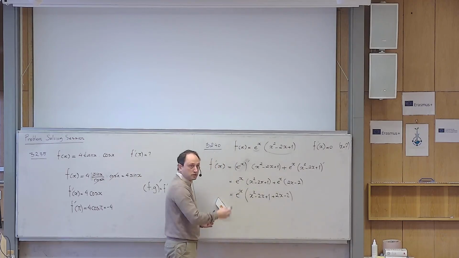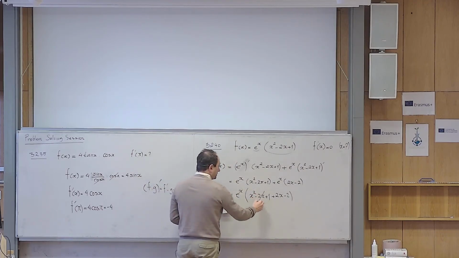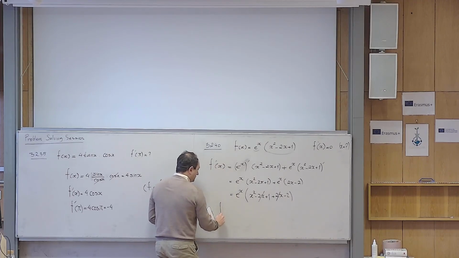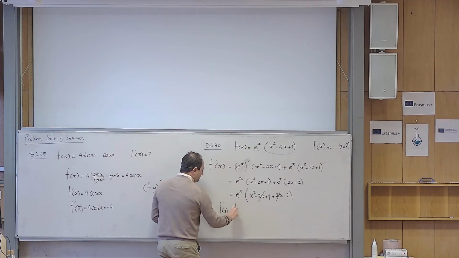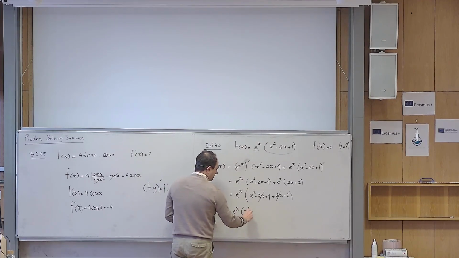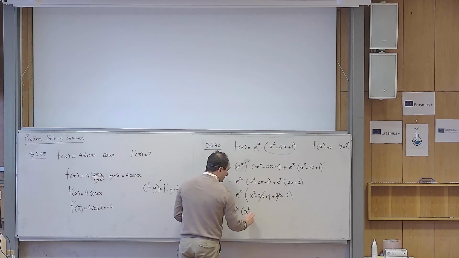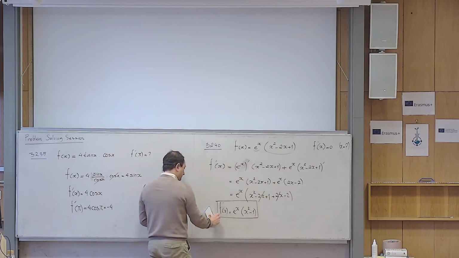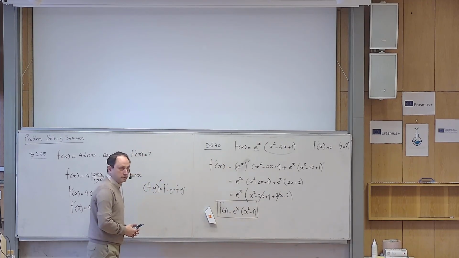But I can still continue a little bit more. So finally what I get for the derivative is e to the x times (x squared plus 1 minus 2), which is minus 1. So this is my derivative.